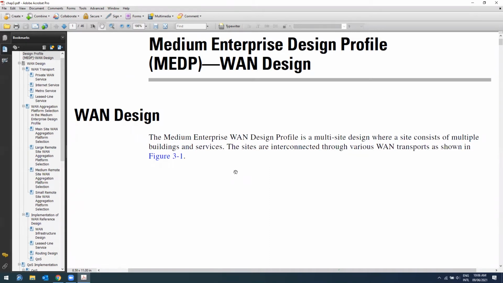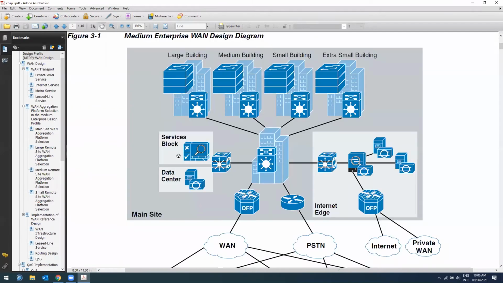So the medium enterprise WAN design profile is a multi-site design where a site consists of multiple buildings and services. The sites are interconnected to various WAN transports as shown in figure 3.1. Okay. So you have multiple LANs that all become your big WAN.